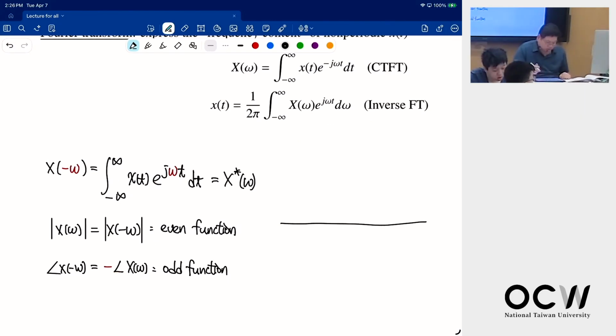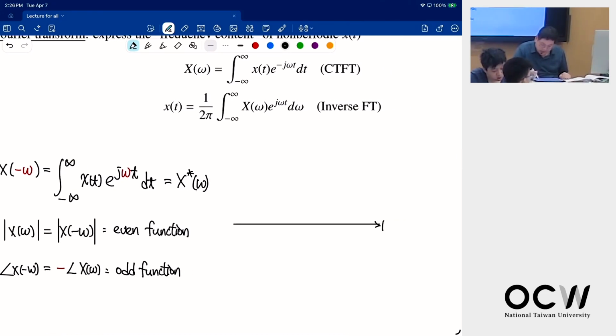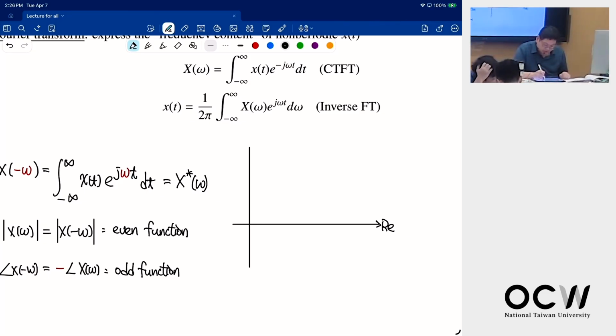If I plot the transform, here is the real part and this is the imaginary part, and this is the Fourier transform with angle theta.